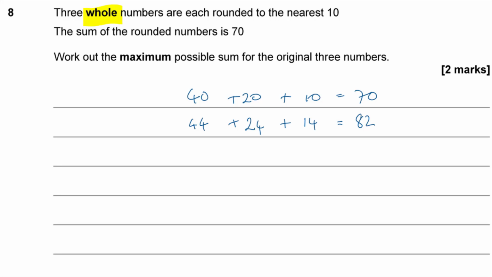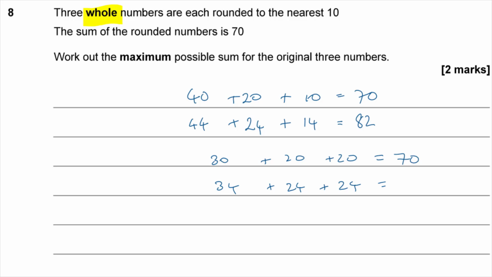So let's just have another look at a different one. So perhaps instead of numbers that rounded to 40, 20 and 10, we had a number that rounded to 30 and then two numbers that rounded to 20. Does that change anything? So that adds up to 70 again. The largest number that rounds to 30 is going to be 34, and the largest number that rounds to 20 is going to be 24, and the other is going to be 24.